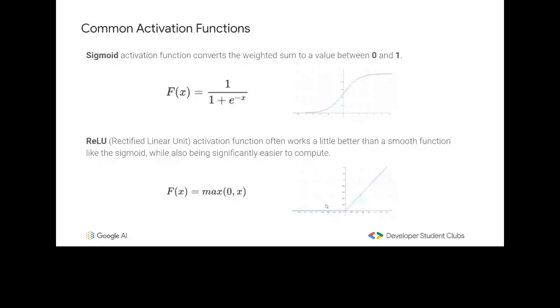There are, of course, different types of activation functions. There is ReLU, the rectified linear unit. It was discovered after the sigmoid function, and it often works a little better. It's also easier to compute. It's defined as max of 0, x. There are other things like tanh and leaky ReLU, which are used in different scenarios.